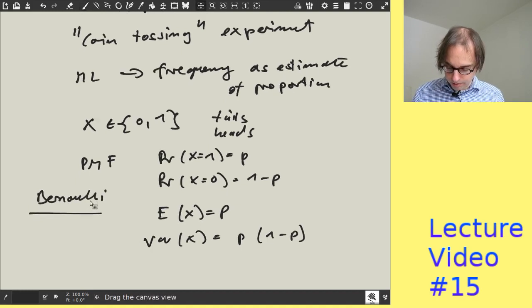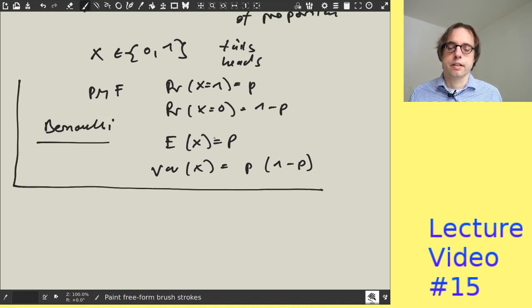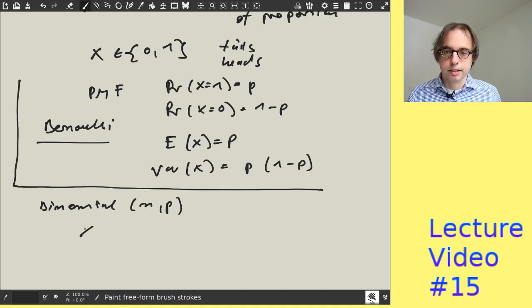And the binomial would be similar, only that we have n repeats. So x can be anything from 0, 1 to n.